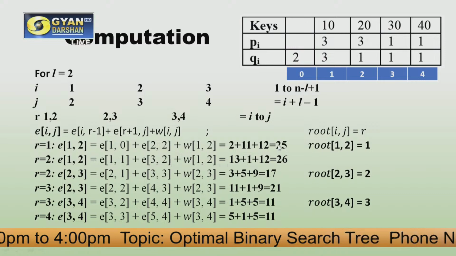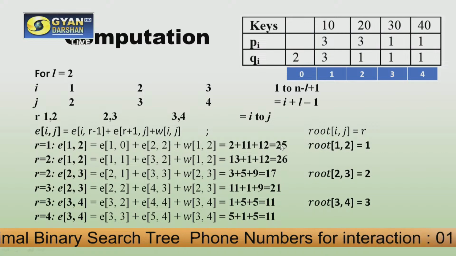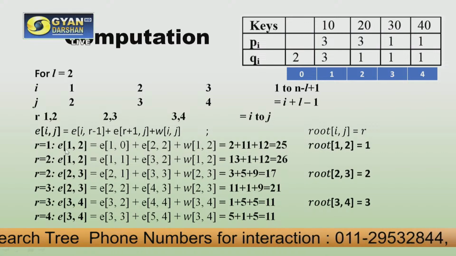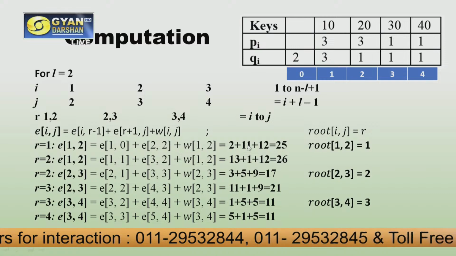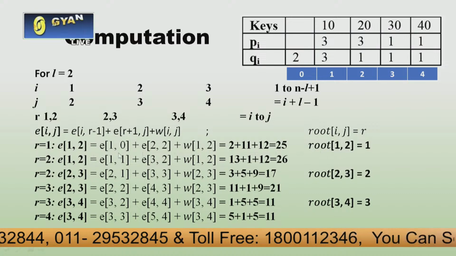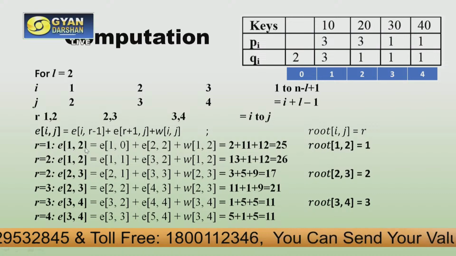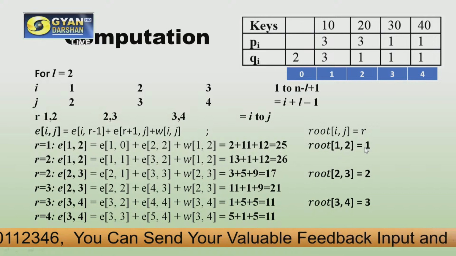Now, the root is going to be the one which has the smaller value of the two. Of these R1 and R2, the minimum value is 25, right? So the root of 1, 2 becomes 1, because i is 1 and j is 2.